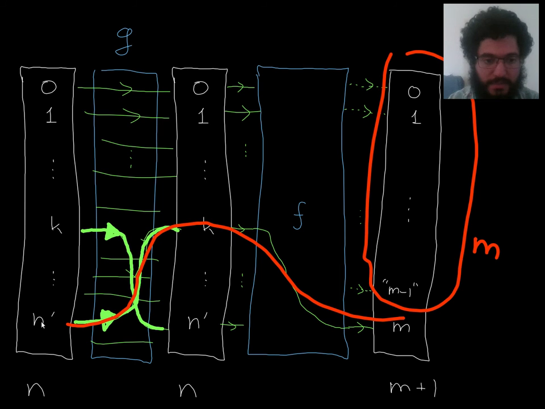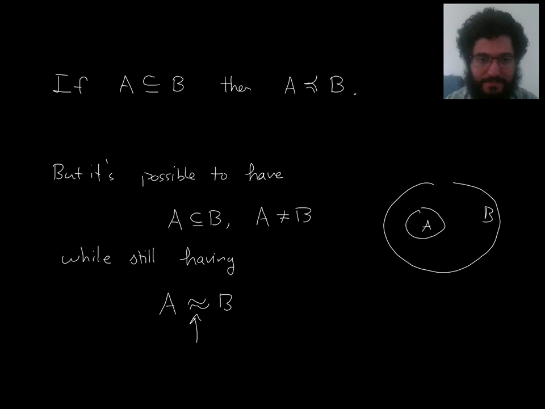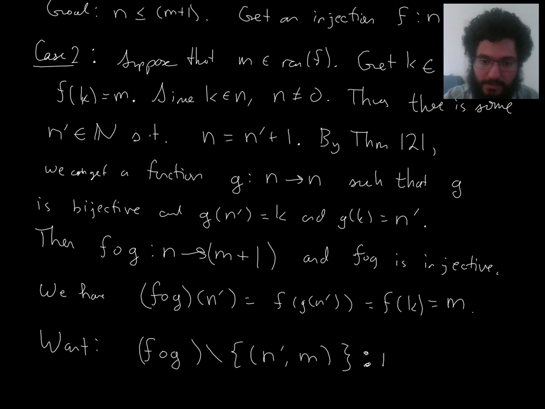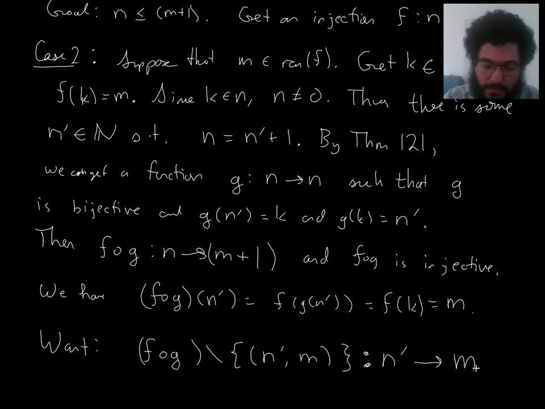What smaller set? Just this stuff, excluding the n prime, that would actually be the number n prime itself, right? So it maps n prime to, and then a smaller set, this one, m. So that's what I want, and I want it to be injective.